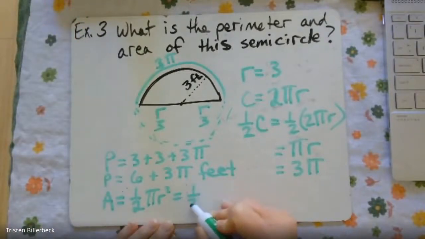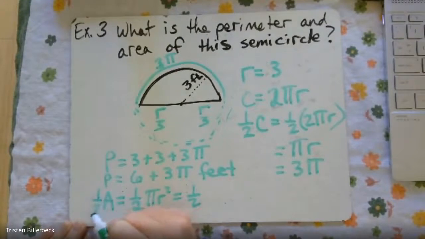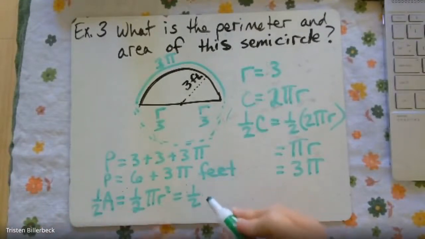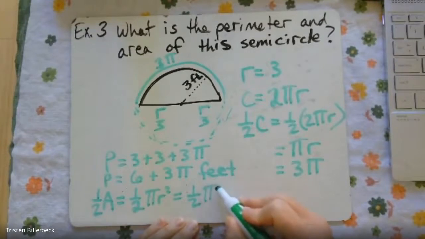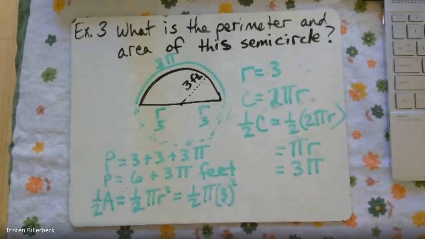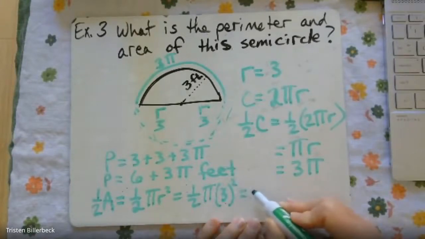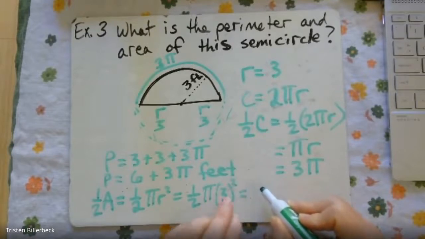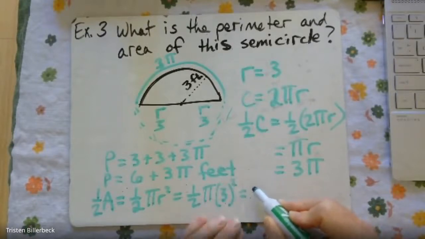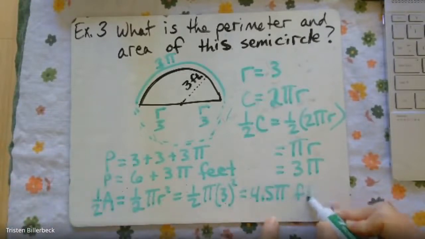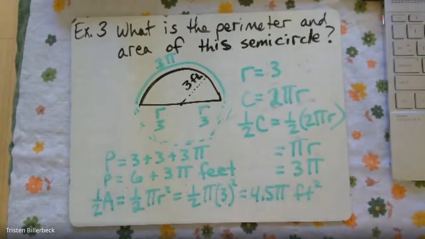So we're going to use, and I'll do this just to make sure you guys don't confuse this with any new formula, pi, and then radius is 3. So then we have half of 3 squared is 3 times 3 is 9. So half of 9 ends up 4.5 pi. And this would be feet squared.